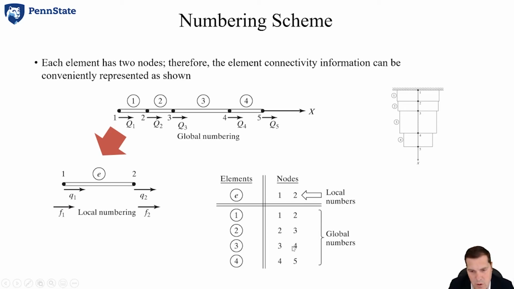So 3 and 4, what is the local numbering of node 1? Well, the local numbering corresponds to 1. So 3, if you sort of take this global element chunk and sort of move it down here, 3 is aligned with 1 and 4 is aligned with 2. Isn't that interesting? So Q2 for element 3, Q2 corresponds to global displacement Q4.